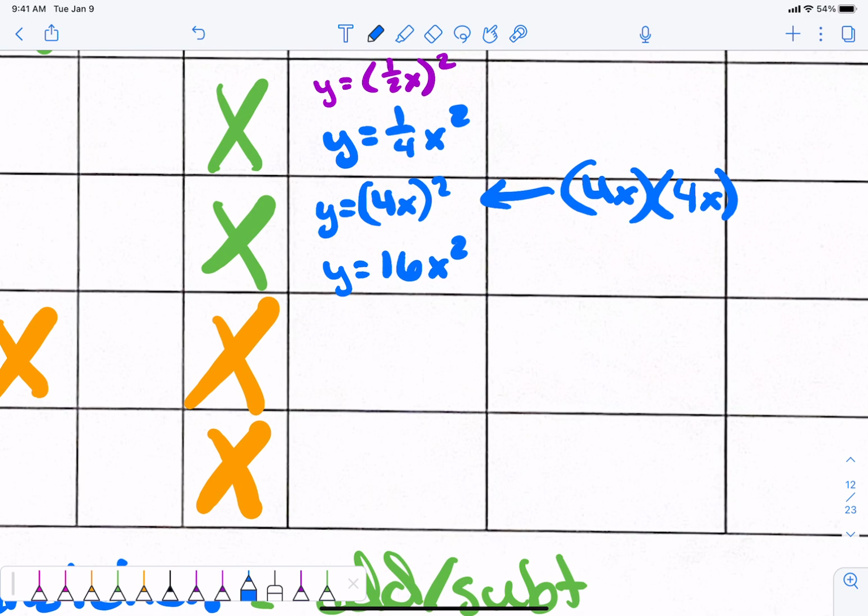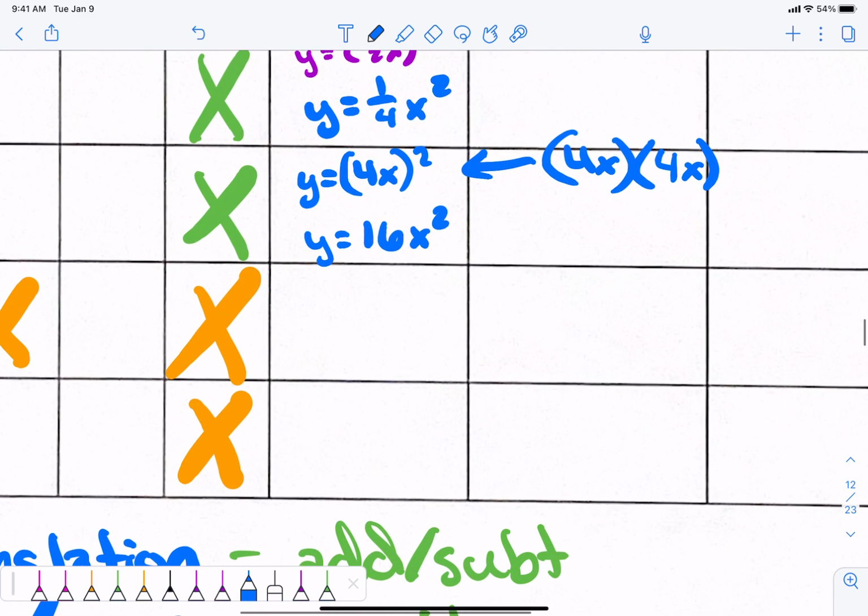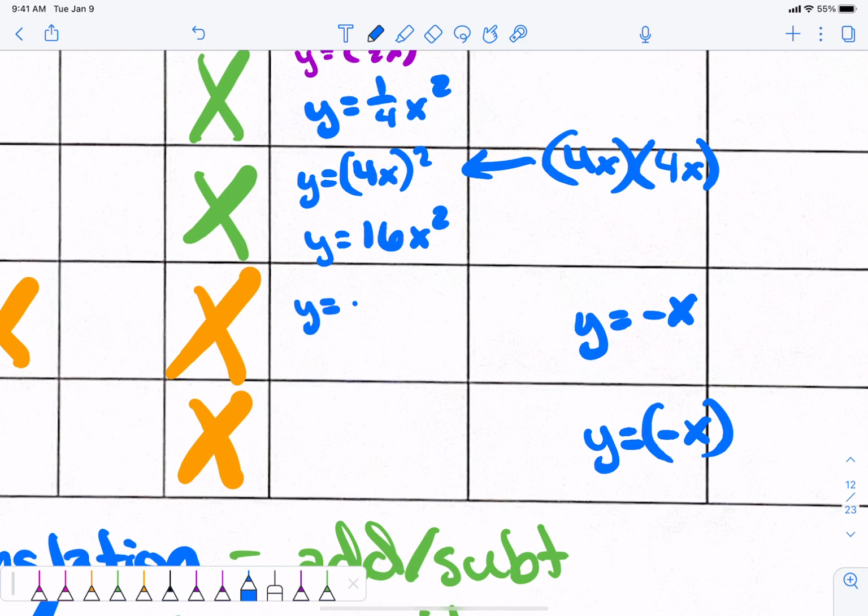So it's squaring both the number and the x when it's in parentheses. Okay, good. All right, this next one involves a negative. So if you look to your linear column, this is y equals negative x where the negative is outside of parentheses. This one is y equals negative x when the x is inside parentheses, right? That's what your first column says. Now, if we apply that to the square, this will just be y equals negative x squared, right?